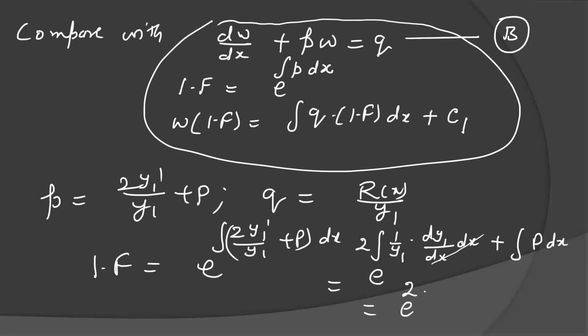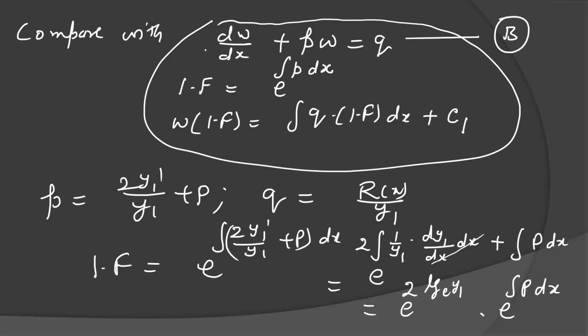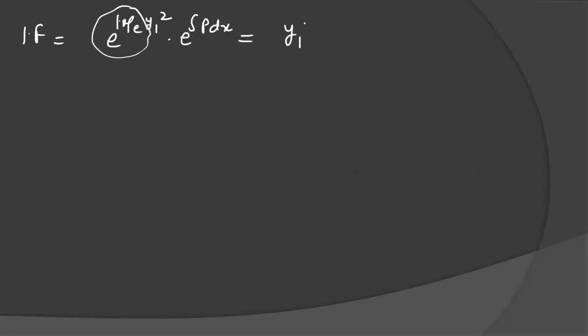1 over y1 dy1. So integration gives log y1 into base e. We can separate the power e to the power p dx. We cannot take p outside the integration sign because p is a function of x. If p is a constant value, then we can take it outside. So integrating factor looks like now e to the power log y1 square into e to the power p dx, or you can write it as y1 square e to the power p dx, because the 2 is taken inside the log.